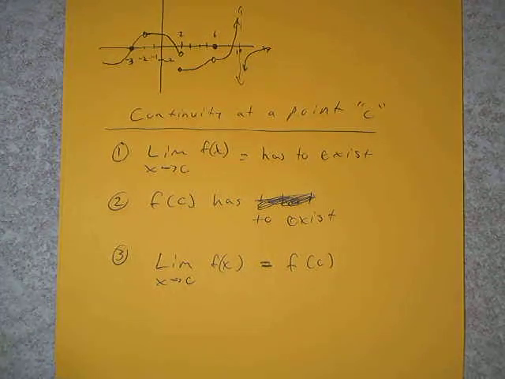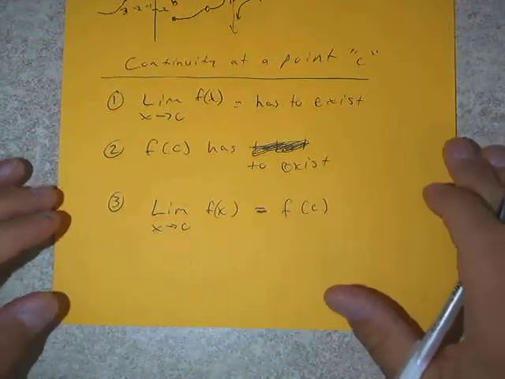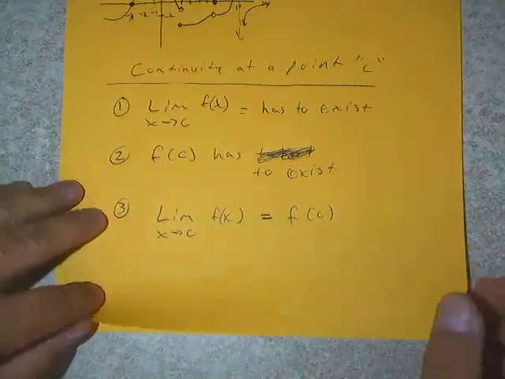Now, when we want to identify these points of discontinuity, if you want to, you can follow with me on page 76. The different types are listed there, but I'll list them here on our notes as well.